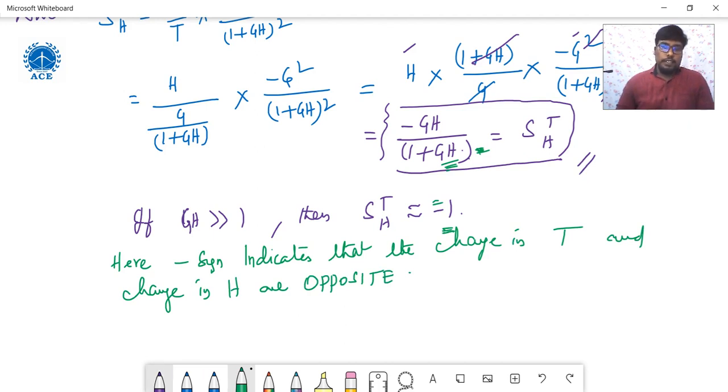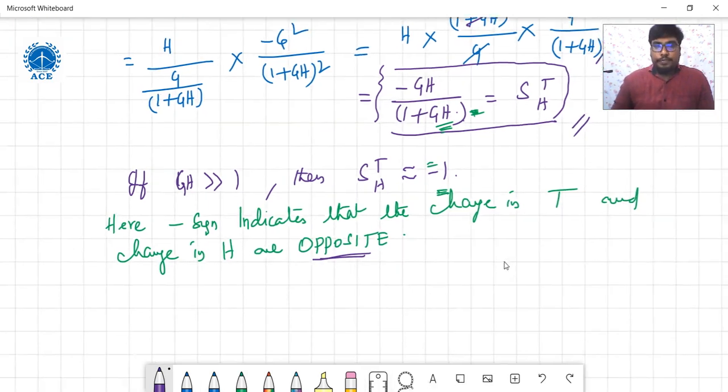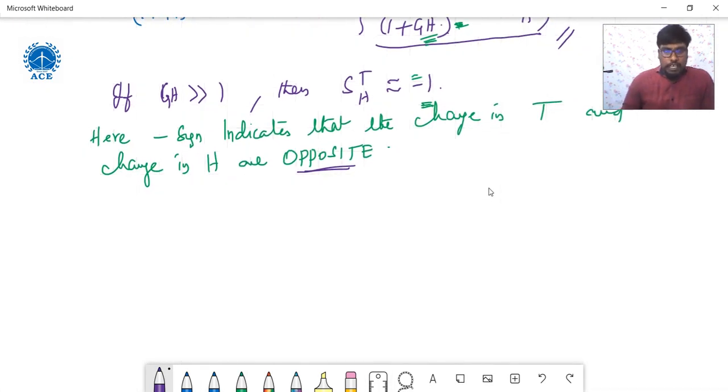Okay, so I write they are opposite. Okay, which means what here? If H increases, therefore the overall gain will decrease.